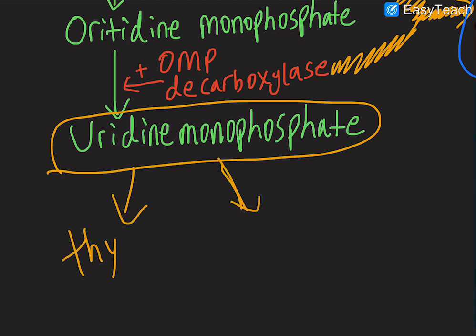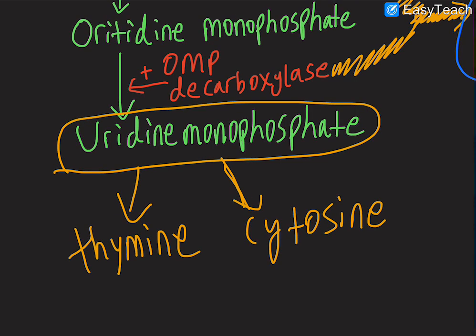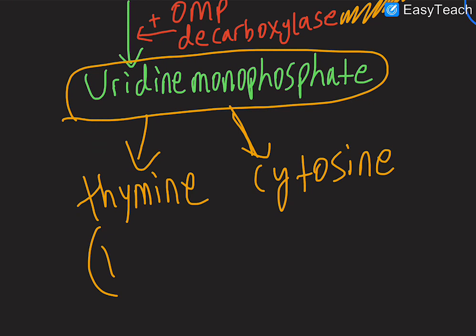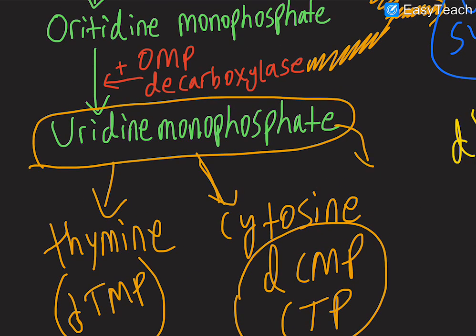So we made thymine, and then we also made cytosine, and of course uracil, because uridine monophosphate. So what I should say is we went on to make dTMP, which is important for DNA synthesis. We made dCMP and CTP, for example, so that's important also for DNA synthesis and RNA synthesis. And then UMP itself is important for RNA synthesis, because we need uracil to make RNA.